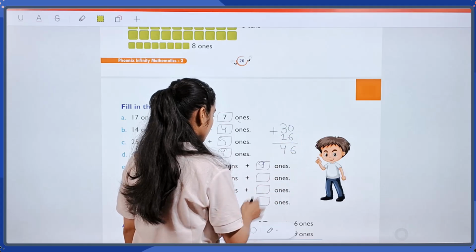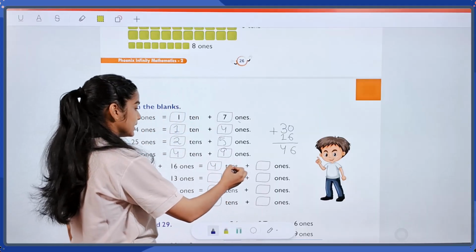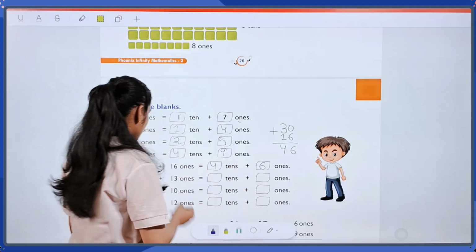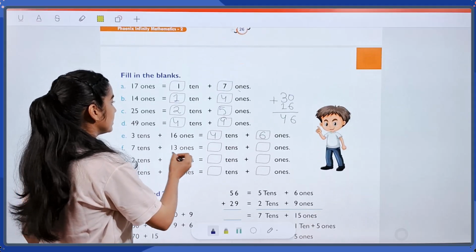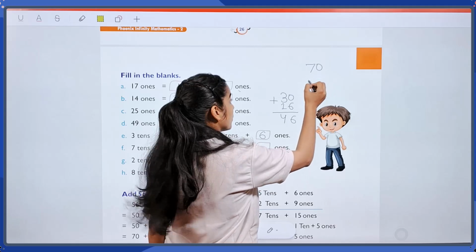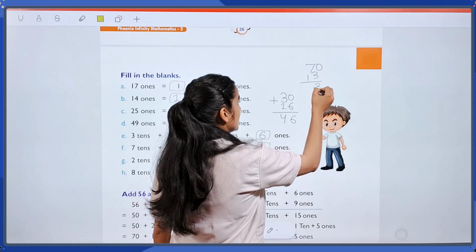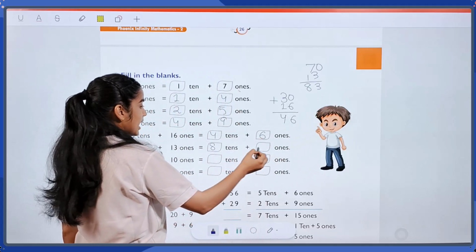So you got 4 tens and 6 ones. Now for this you have 7 tens, which means 70, and 13 ones. 3 and 7 and 1 is 8. So 8 tens and 3 ones.